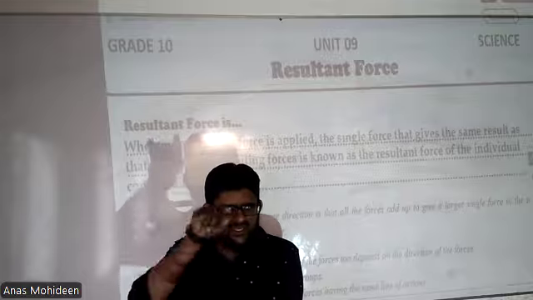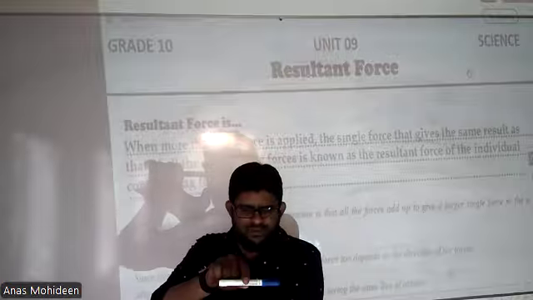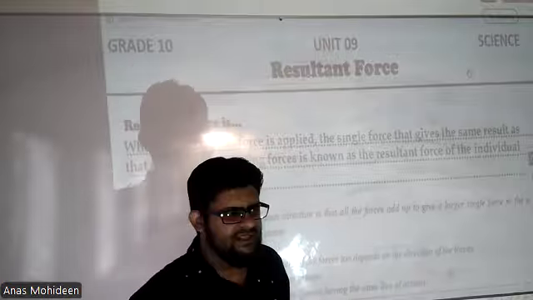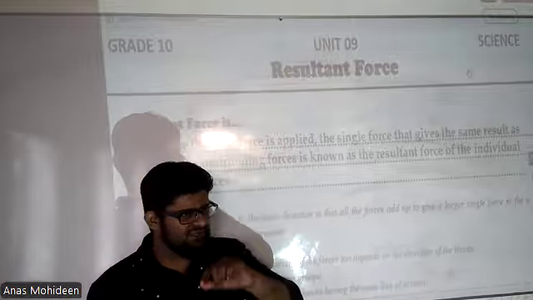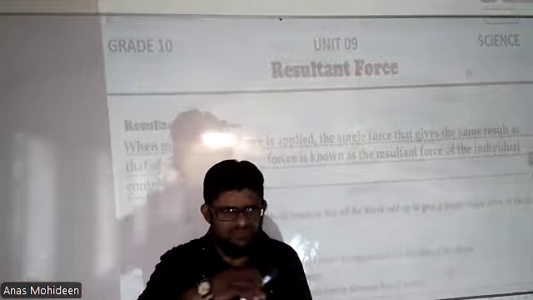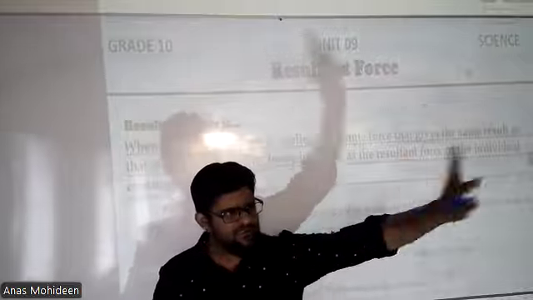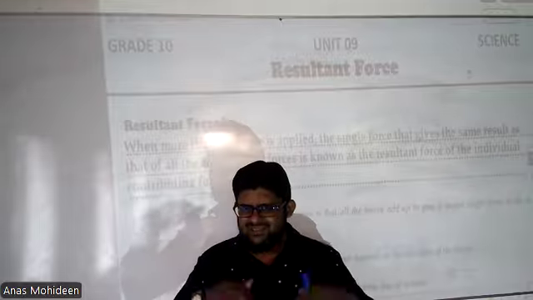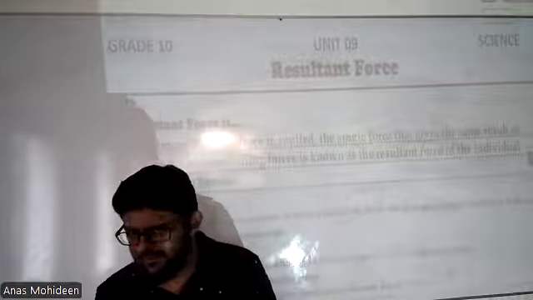If that force is sufficient to move the object, it will move in the direction I'm applying the force. If I'm pulling it towards me, it comes towards me. If I'm throwing it, it goes away from me. So whatever direction I apply the force, the object will move that way.